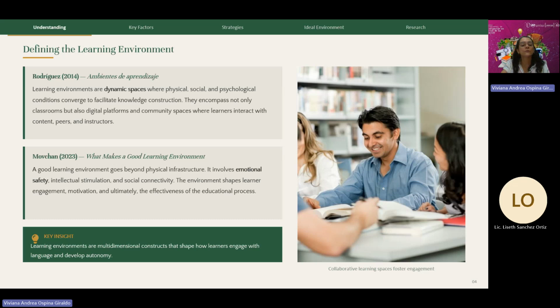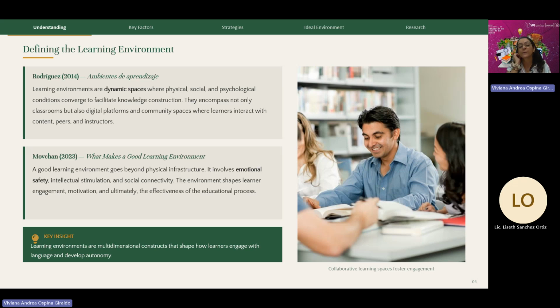Then moving on with Movcharm, we have what makes a good learning environment. And this particularly has to do with emotional safety. So if I feel safe, emotionally safe, then I will have more space for learning. I will have more engagement, motivation, and ultimately a more effective educational process.